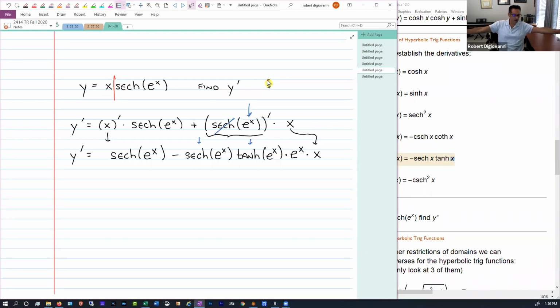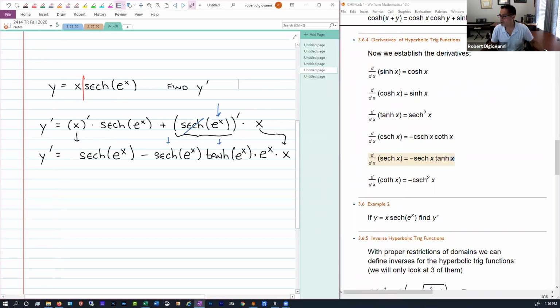Could you factor out something and clean things up? Yeah, you could, but you're not going to get any more points or less points for just leaving it like that. Now if down the road we have to do something like set that equal to 0, well then yeah, you'd have to do some algebra, right? Okay, good. Make sure I mark Chris off here.